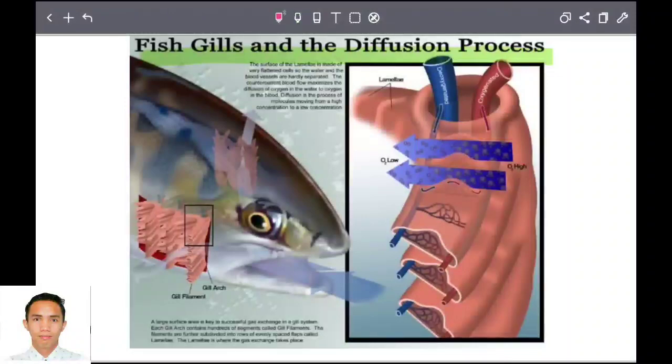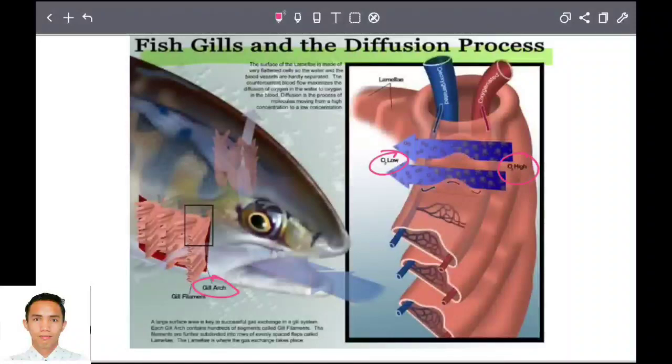Check this one here at the entrance. Water rich in oxygen comes in and goes to the oxygenated blood. Then low-oxygen water comes out with the low-oxygenated blood. That is the gills of the aquatic organism.